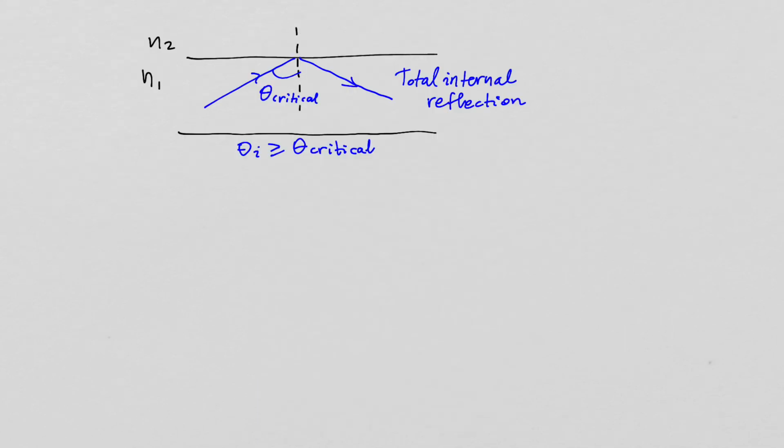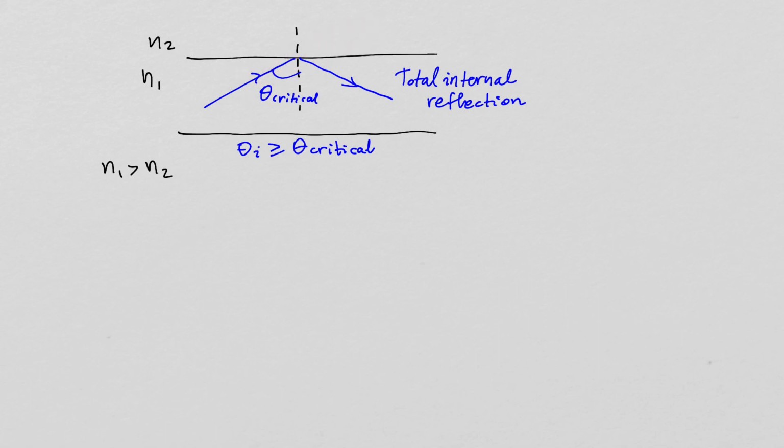So here is the setup. We have two different media, one with index of refraction N1 and one with index of refraction N2, and N1 is bigger than N2. So for example, this could be glass and this is air. So then we have an incident light ray that is coming from the glass and we want to send it into the air. Well, if the angle of incidence is equal to or larger than a certain value, which is known as the critical angle, this light ray is not going to refract into the second medium.